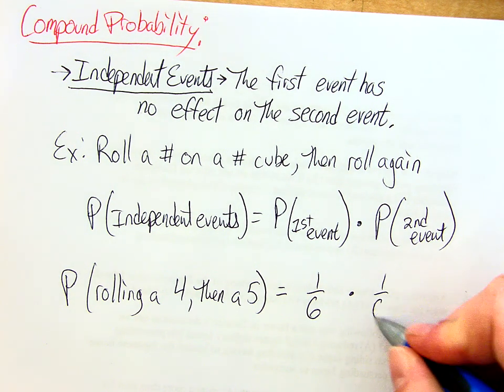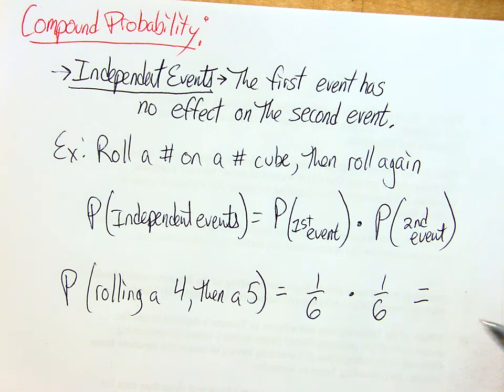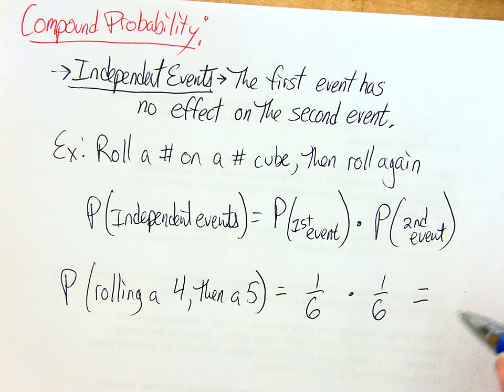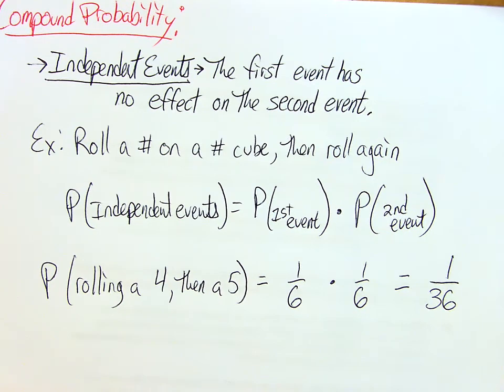Still 1 out of 6. So if I multiply those two together, what do you get? How do you multiply fractions? Straight across. 1 times 1 is 1. 6 times 6 is 36. So you have a 1 out of 36 chance of rolling a 4, then a 5.